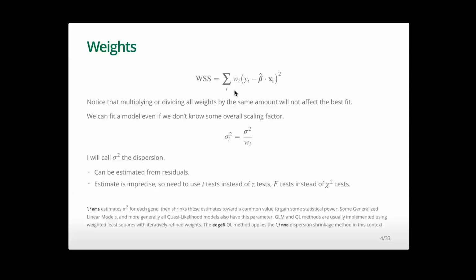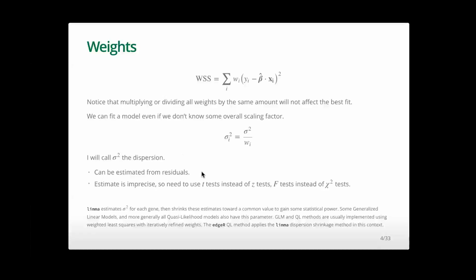So we can have weights up to some unknown scaling factor, and that's enough to fit the model. And then once you've fitted the model, you can look at the residuals and estimate what that unknown scaling factor was. I'm going to call this the dispersion.